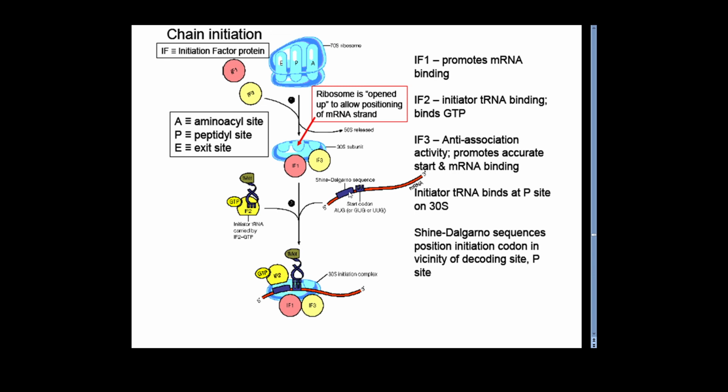Later, messenger RNA with the Shine-Dalgarno sequence, which indicates where the correct AUG start codon is, binds with the small subunit, and the initiator tRNA is recognized and transported to the P site of the ribosome.